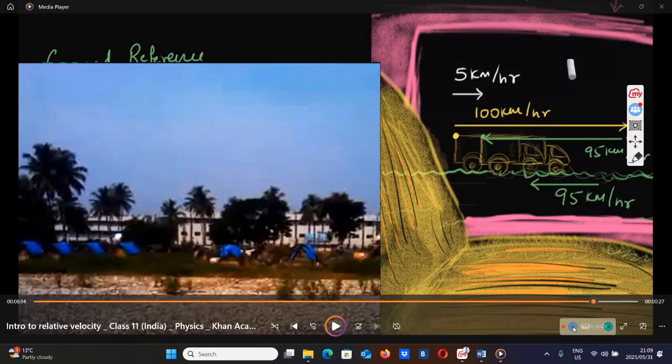Right. Now let's go to a real life scenario. We're going to have two vehicles. One of the vehicles is the truck. Here's the truck. This truck is moving with the speed of 100 kilometer per hour.